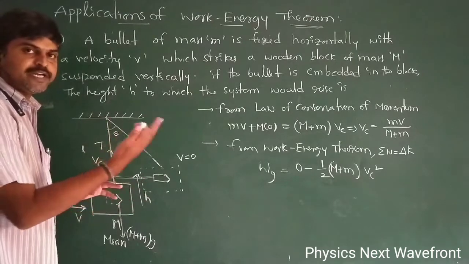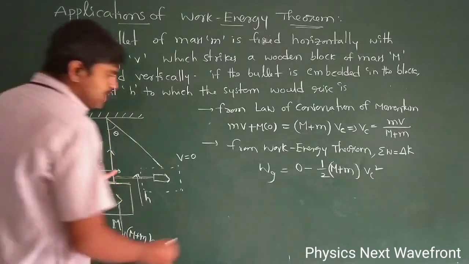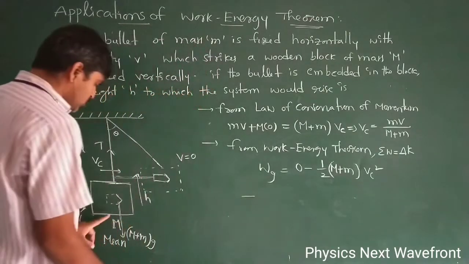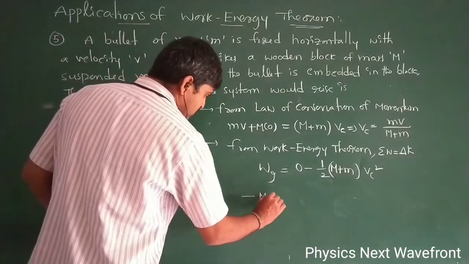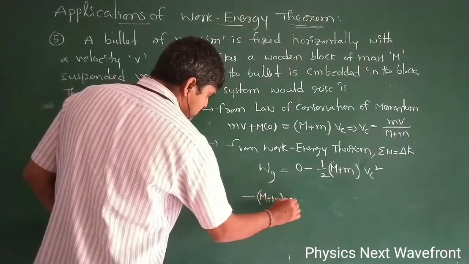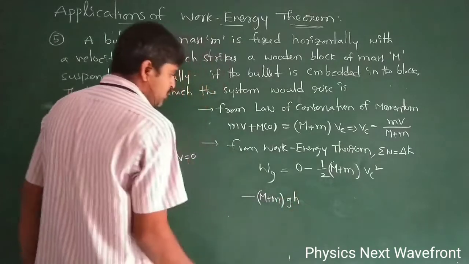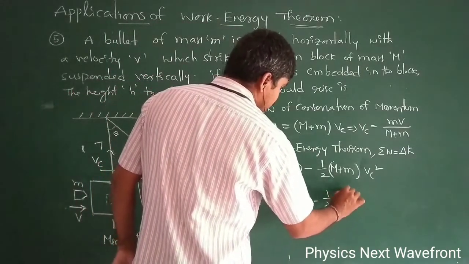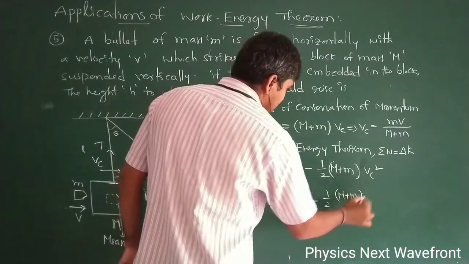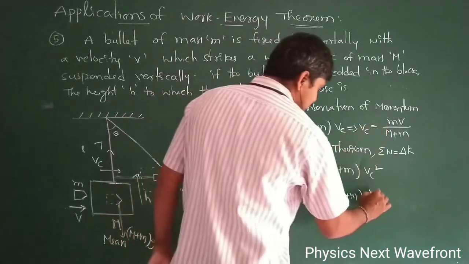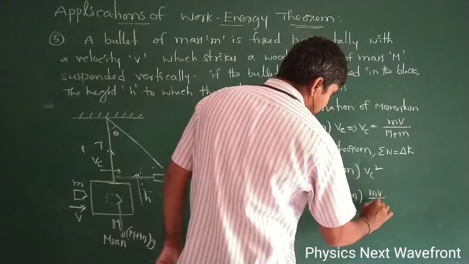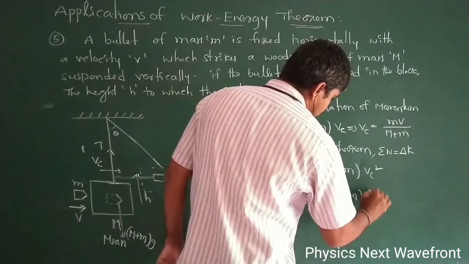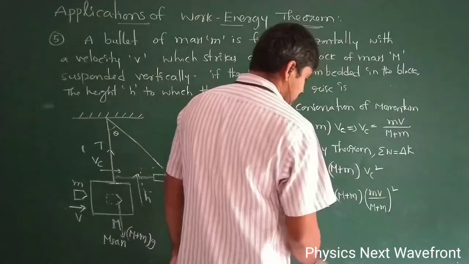So minus (M plus m) g h equals minus half (M plus m) times the common velocity squared, where the common velocity is mv divided by M plus m.